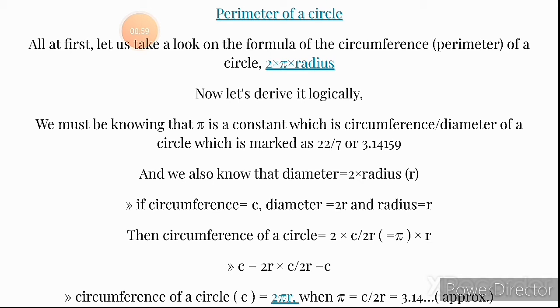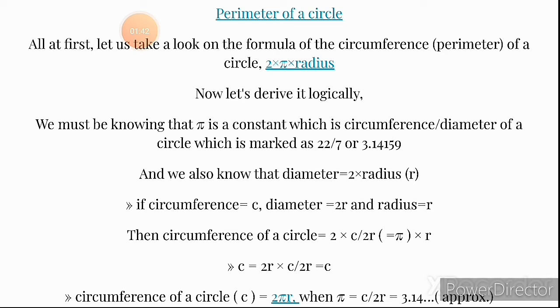That means 2 into r, which is diameter, into circumference by diameter. Diameter cancels on both sides, so the value that remains in our hand is the circumference. So we derived that the circumference of a circle is c equal to 2 pi r, when pi is equal to circumference by diameter or circumference by 2r, which is approximately 3.14.